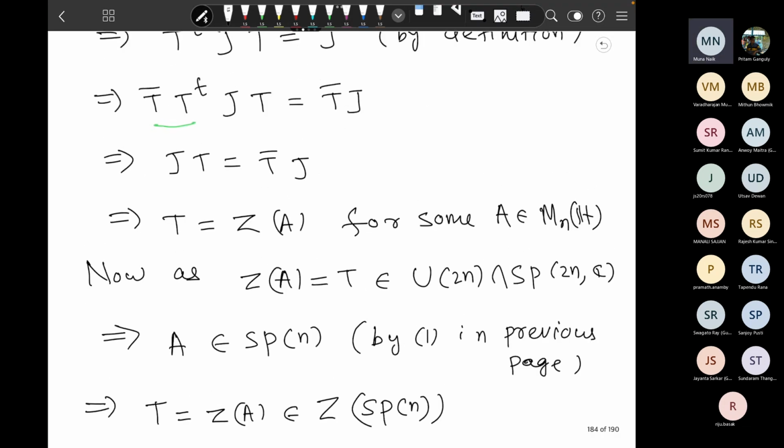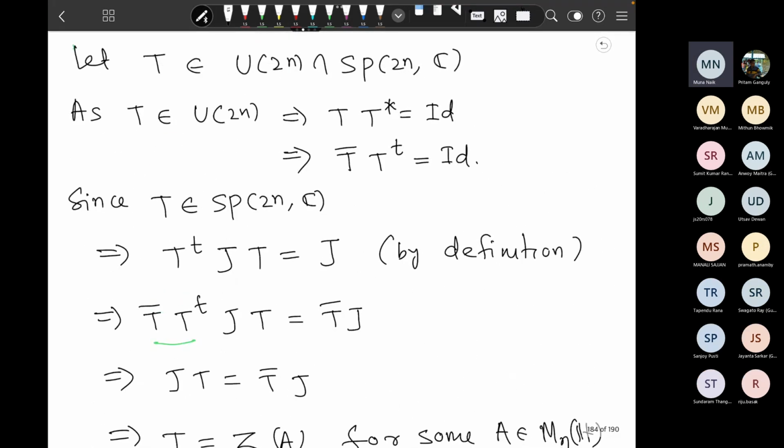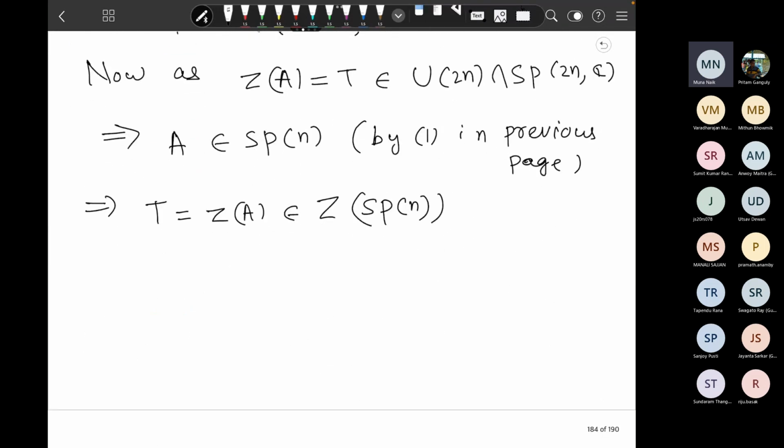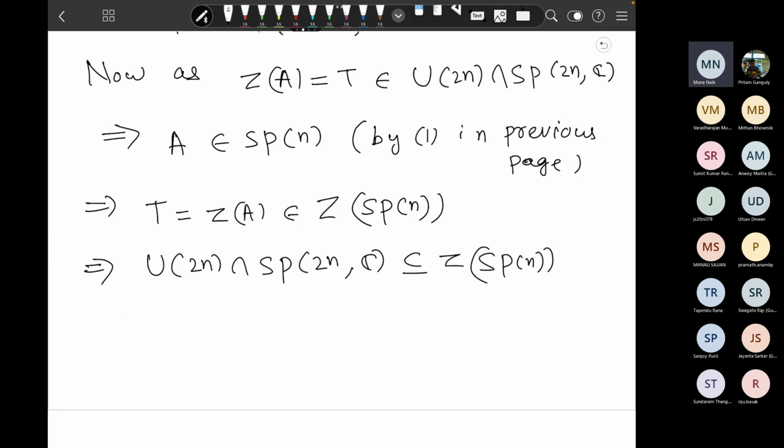Okay. Now I have started with an element from U(n) intersection Sp(2n,C), and I am getting that it is in Z(Sp(n)). That implies that U(n) intersection Sp(2n,C) is a subset of Z(Sp(n)).